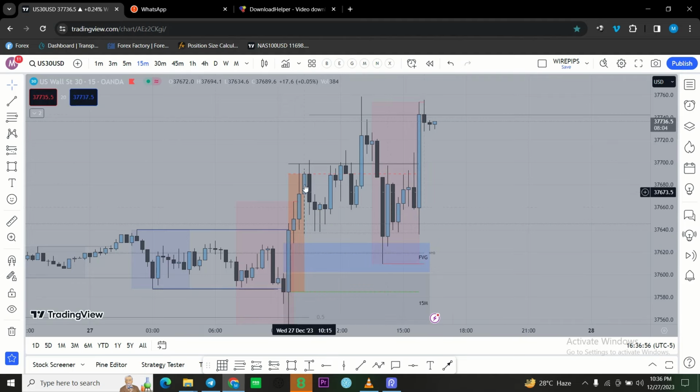I was expecting the market to tap into this level when it started to reprice at this zone, but the market couldn't make it to this level. It tried to reprice here too, but ended up respecting this other block. So then finally, during the New York PM, the market repriced to this level and started to push up.